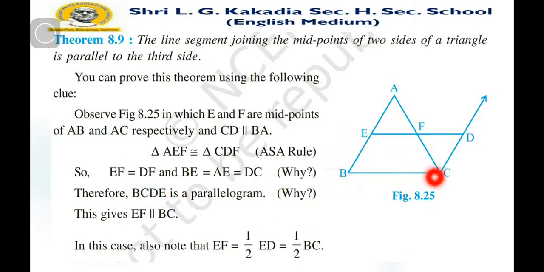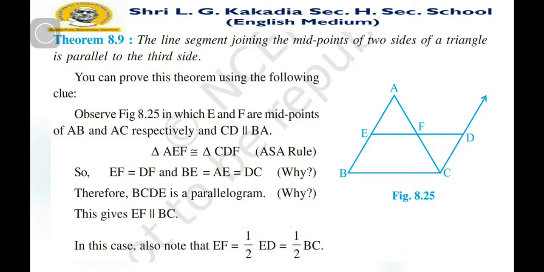This gives EF parallel to BC. Since BE and CD are equal and parallel, BCDE is a parallelogram. So EF is parallel to BC, which is what we wanted to prove.